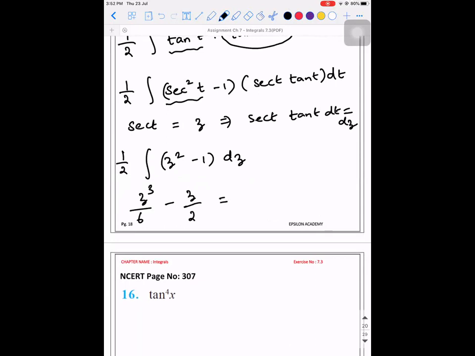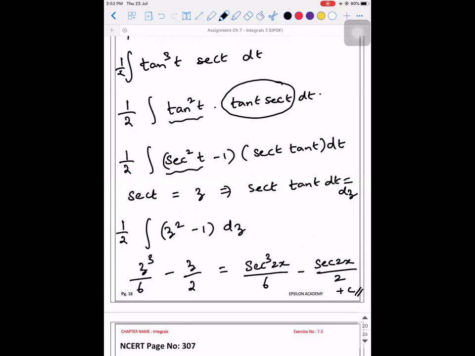So z cube is how much? Secant cube 2x by 6 minus secant 2x by 2. Sir, your voice is breaking, sir. From which step?